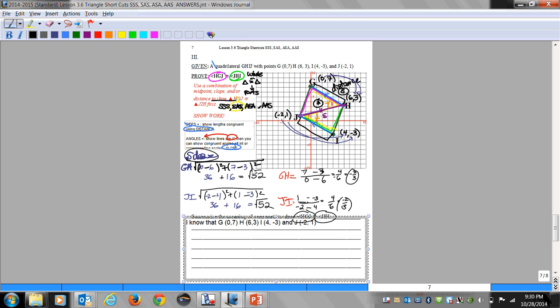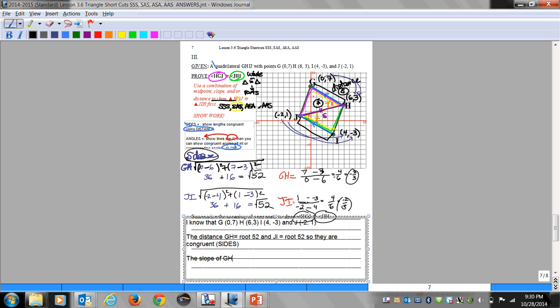Because of that, I found the distance GH is equal to root 52, and the distance JI is equal to root 52, so they are congruent. That gets me my first pair of sides. Then I find the slope.